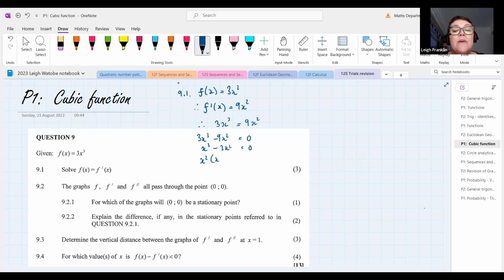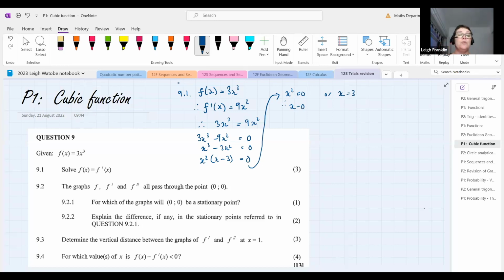So that would leave us with x squared times x minus 3 equals 0. Based off of this, I'm going to write back up here again. You would obviously continue underneath. Either x squared equals 0, in which case x is equal to 0, or x would be equal to 3.